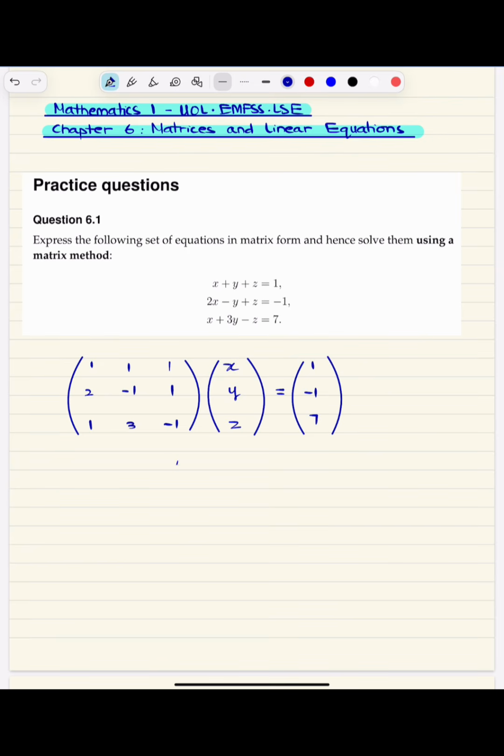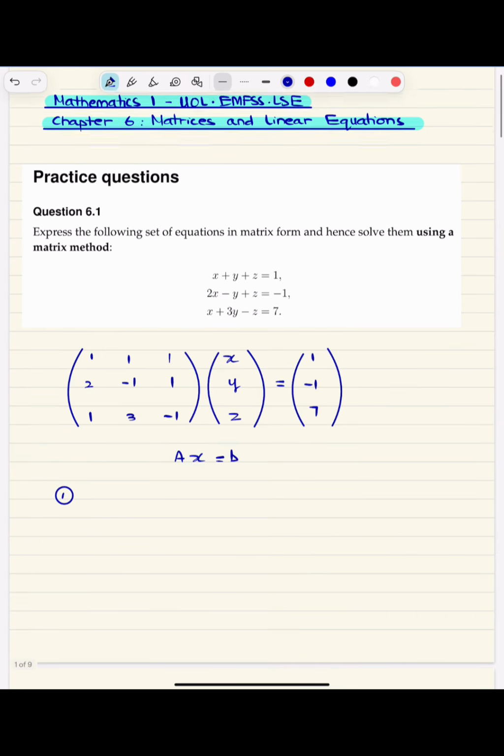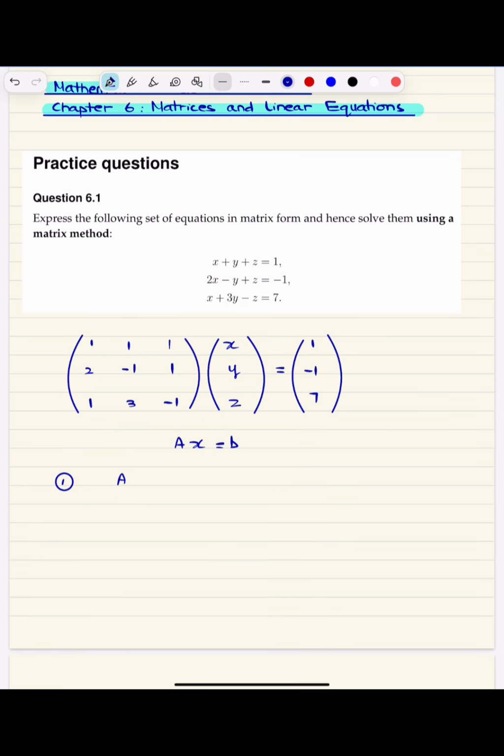So basically this system is Ax equals b, and you can either solve it by finding the inverse of matrix A. So you multiply the whole system by the inverse. We know that matrix multiplication isn't commutative, but when it comes to the inverse, it is always equal to the identity. So the inverse multiplied by a matrix, or matrix multiplied by the inverse, will give you the identity.